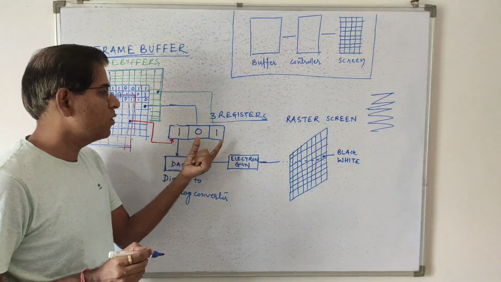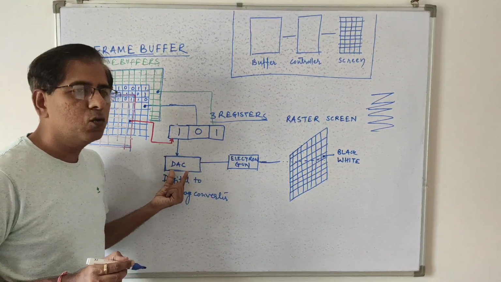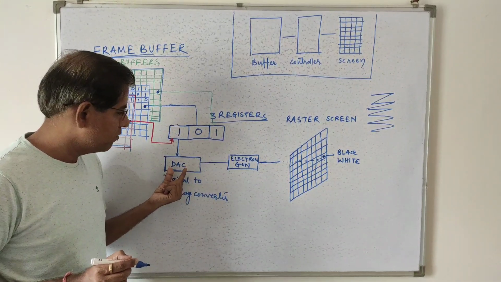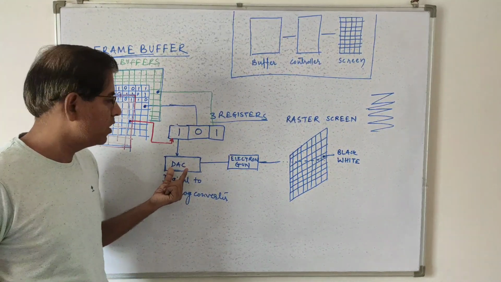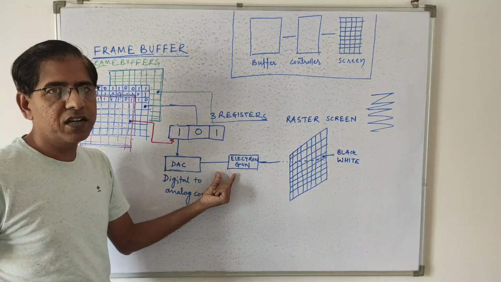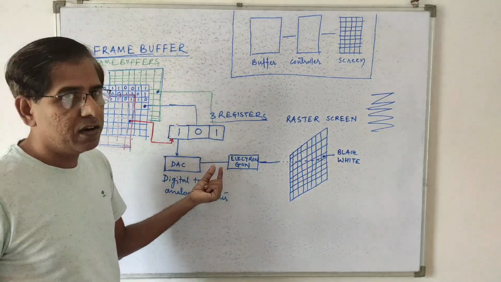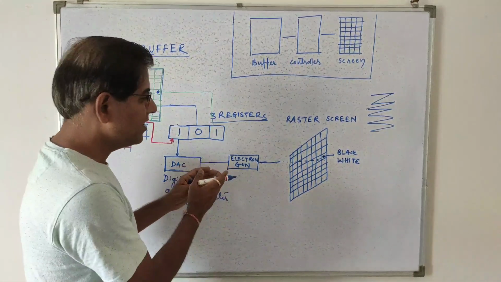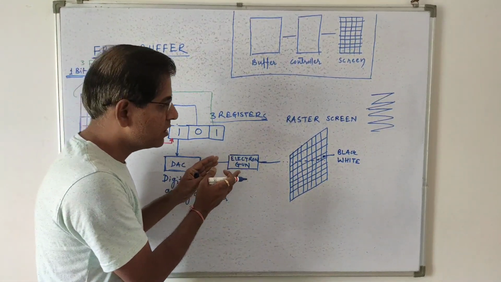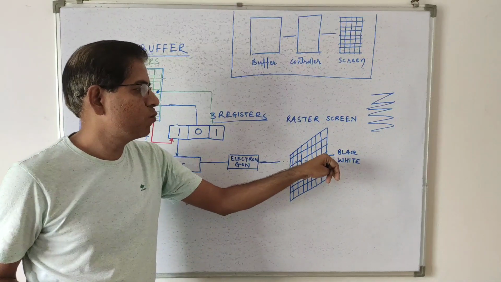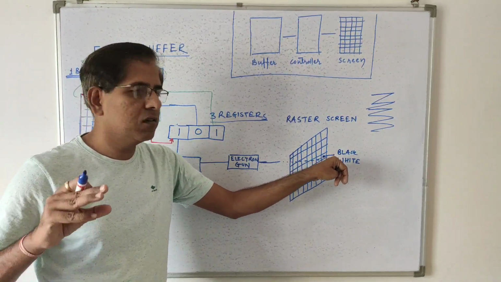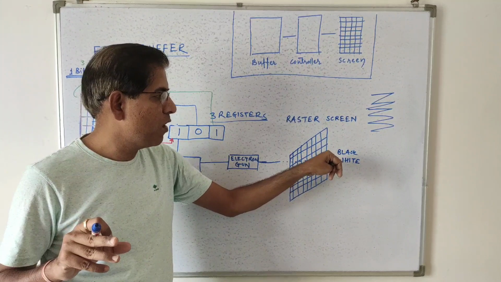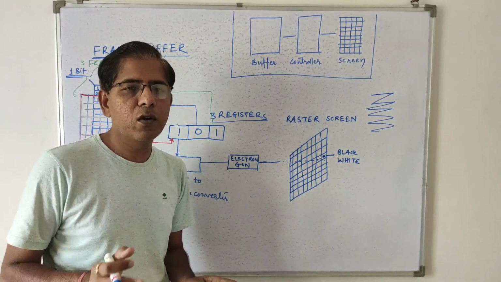Now this 101 value is converted by the DAC, the digital to analog converter, and it generates some analog voltage, and according to the intensity of the analog voltage, the different shades of this pixel would appear on a screen.